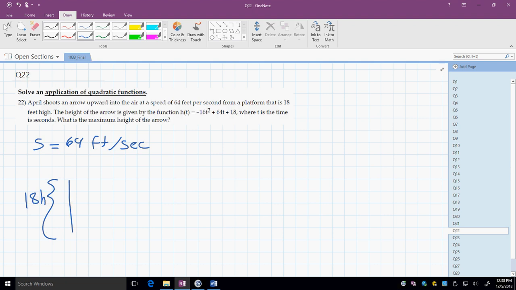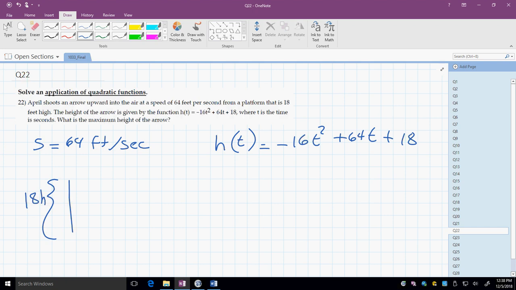The height of the arrow is given by the function negative 16 t squared plus 64 t plus 18, where t is the time in seconds.